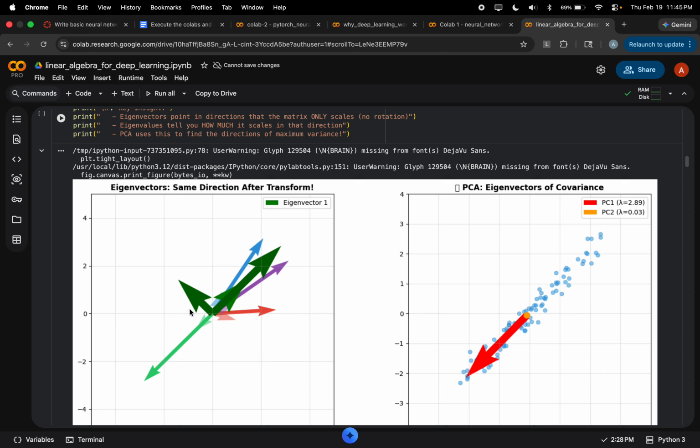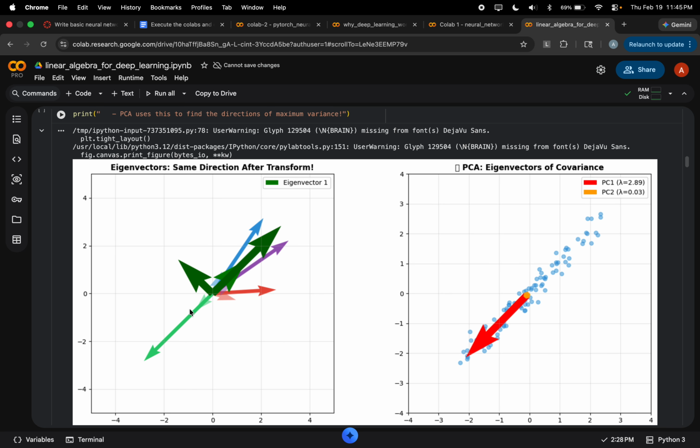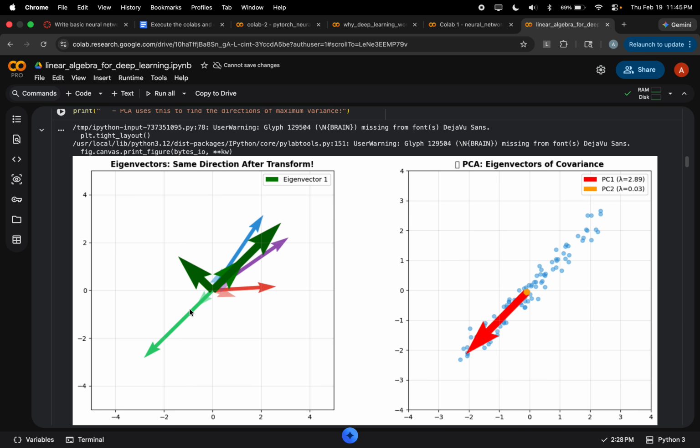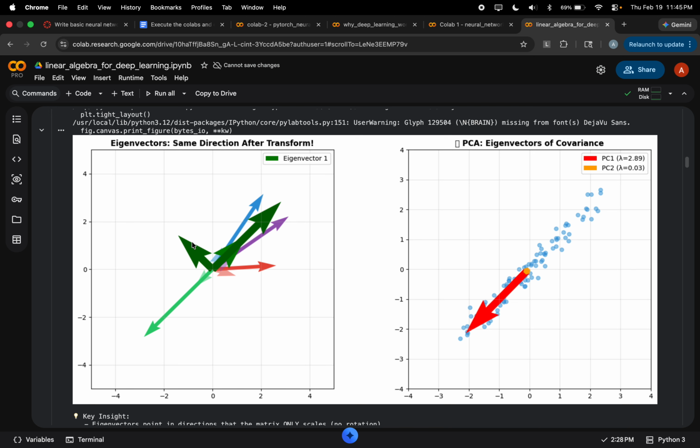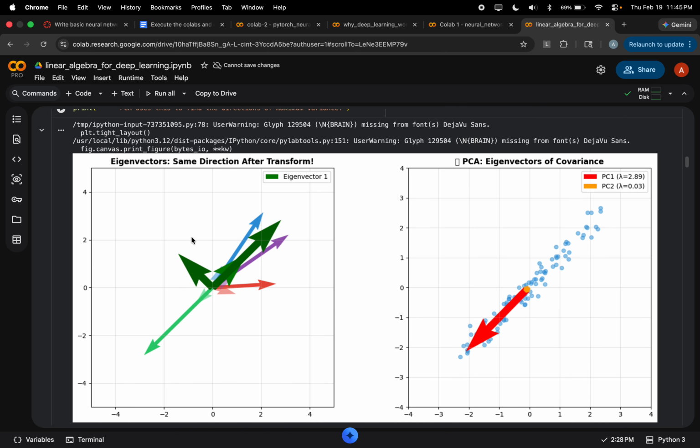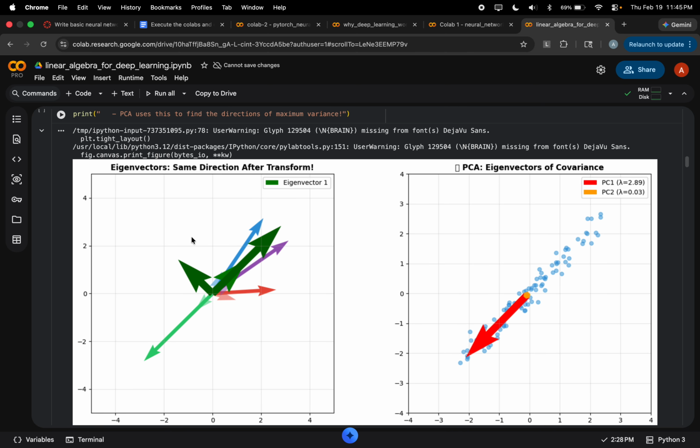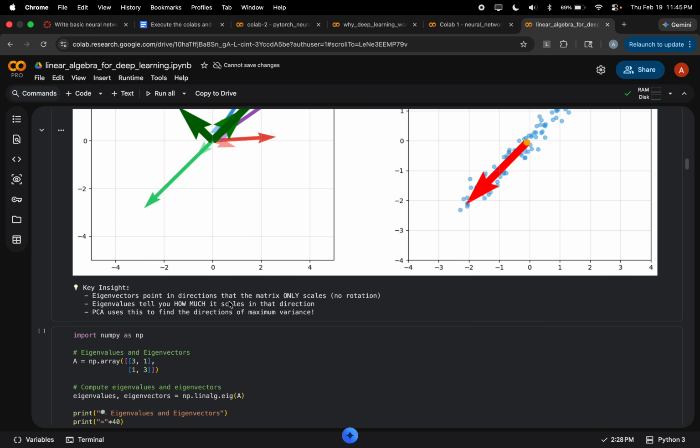Actually, PCA uses this to find the direction of maximum variance. Here you can see there are different vectors, but the red one is going in this direction and the magnitude is less, but the dark green ones are going in this direction and the magnitude is huge. So you can find out the directions of maximum variance.